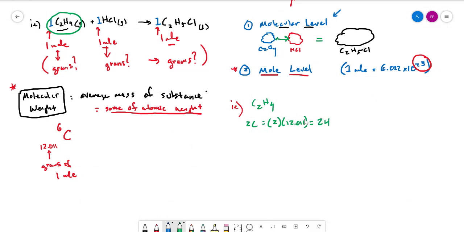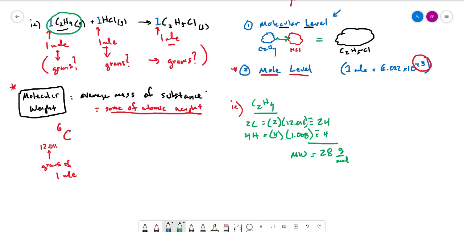I won't do the math exactly here. And we have 4 hydrogens, so that's 4 times the mass of hydrogen. On the periodic table it's 1.008, so that's roughly 4, approximately. And so the molecular weight of C2H4 would be around 28 grams per mole.